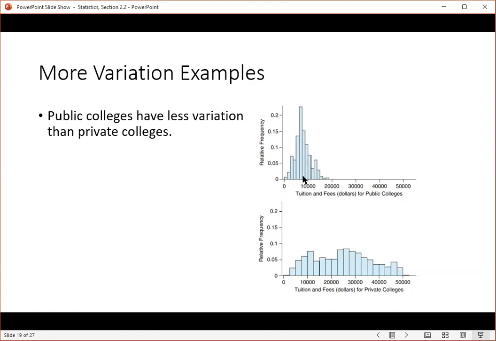So you have a taller, narrower distribution as compared to private colleges, where you have a much wider distribution. You have more variability. You have some very expensive private colleges, and you have some inexpensive private colleges that are similar to public colleges. And so that variation gets us a wide distribution.